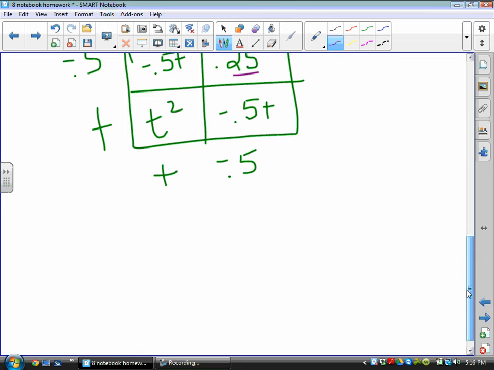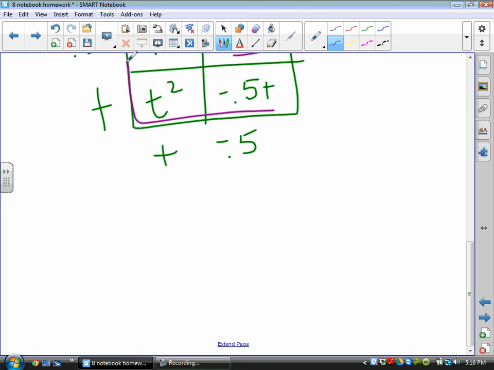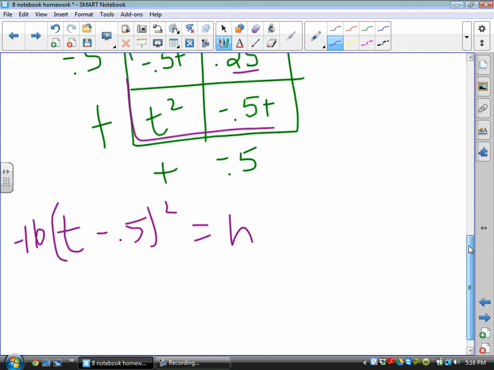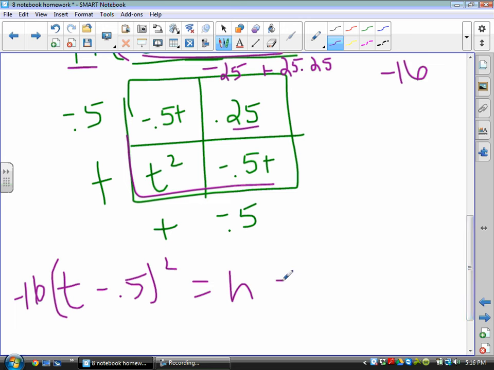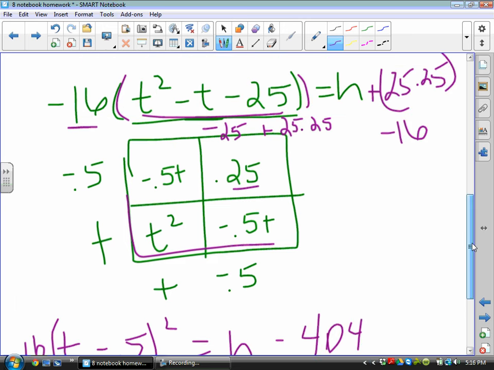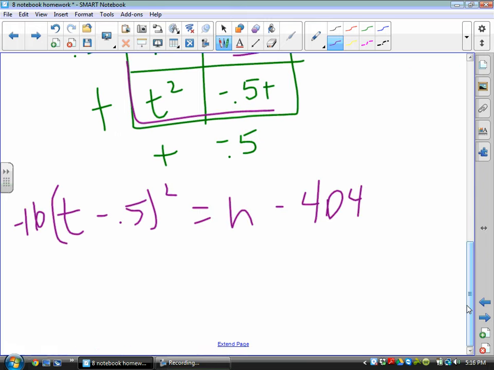Okay? So now I'm going to rewrite this as a product. So that was t minus 0.5 squared, and we had that negative 16 in the front that we pulled out. I need to keep that there, equals h, then it's going to be minus, actually 404, if I multiply those numbers together. Alright, so I'm not just adding 25 and a fourth, I add negative 16 times that, because that was what we pulled out in the beginning.